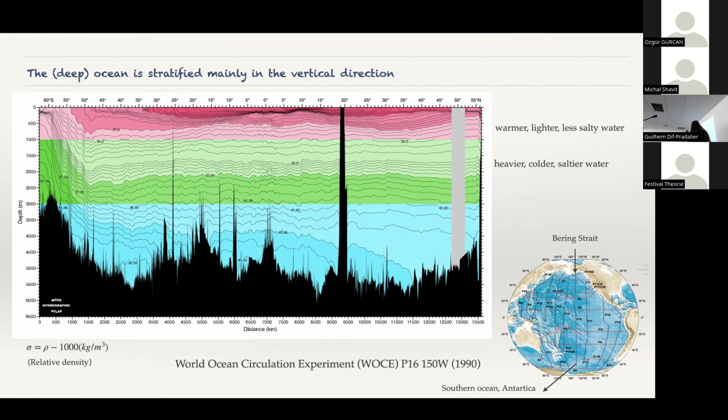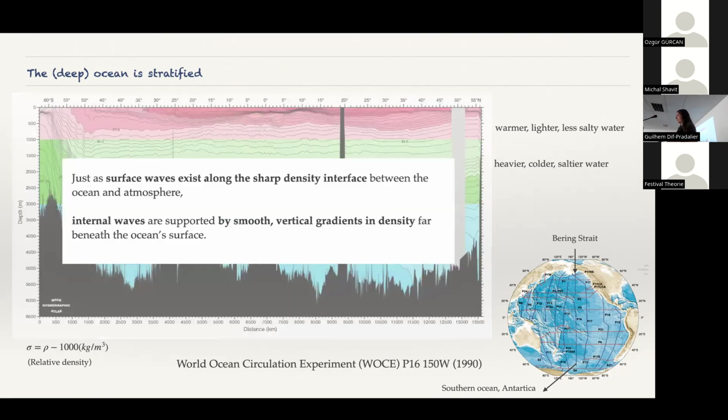What you see in the plot is that if you're away from the boundaries and from the surface, the stratification is mainly in the vertical direction. Measurements from the 90s are still relevant because the ocean is a system that reacts very slowly to changes. So in France, I'm allowed to say global warming. We already know that due to global warming, this picture has changed a little bit, but the stratification in the deep ocean is mainly in the vertical direction.